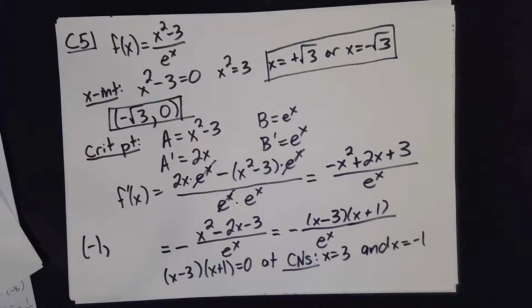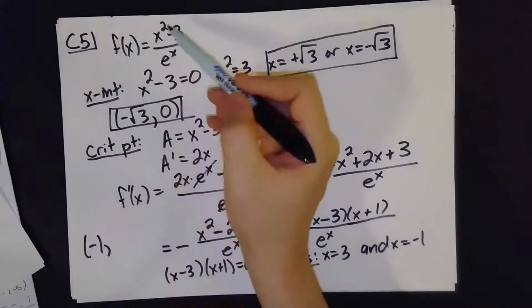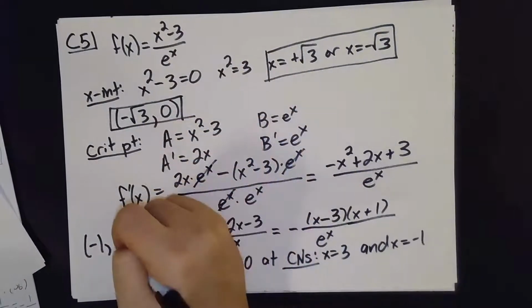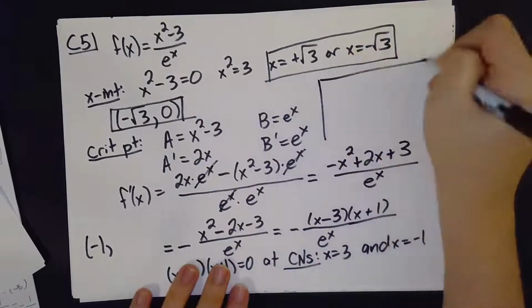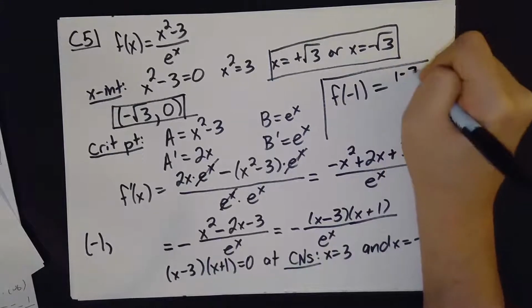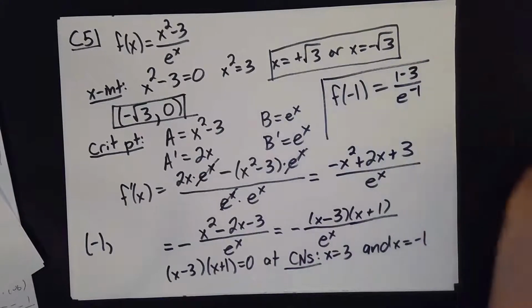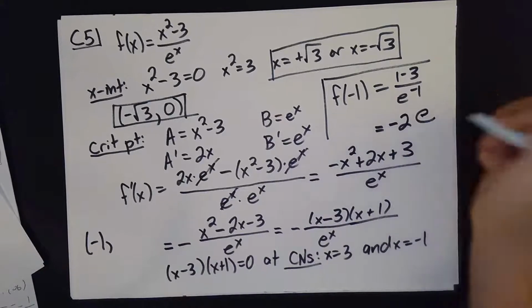And then to get the y-coordinate, I plug that minus 1 back into the original equation. F of minus 1 is 1 minus 3 over e to the minus 1, which will give me minus 2e.